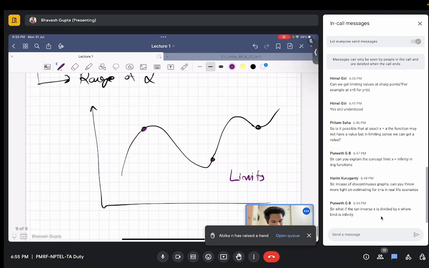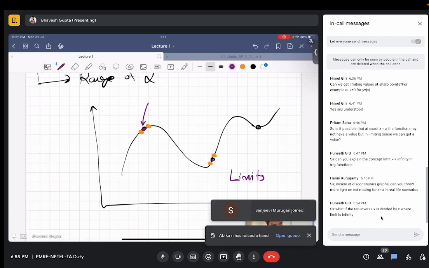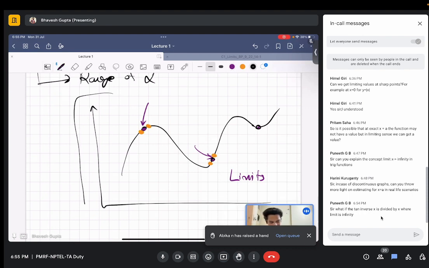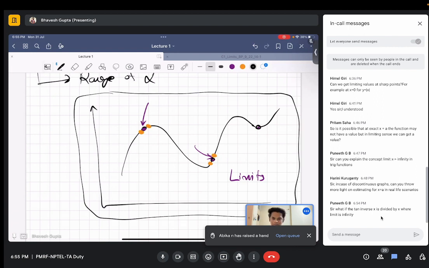These are enough, because you need to understand the behavior at each point, and limits successfully explain what happened there. So this kind of discontinuity is not that difficult to deal with, because it is due to isolated points.